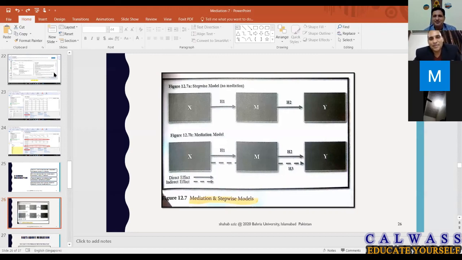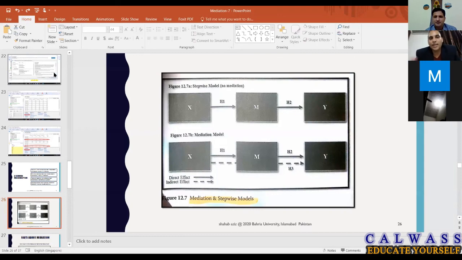For example, you can see two models, X, M, and Y. The first model is not a mediation, because unless you have a justification for inclusion of M between X and Y, it is not a mediator.